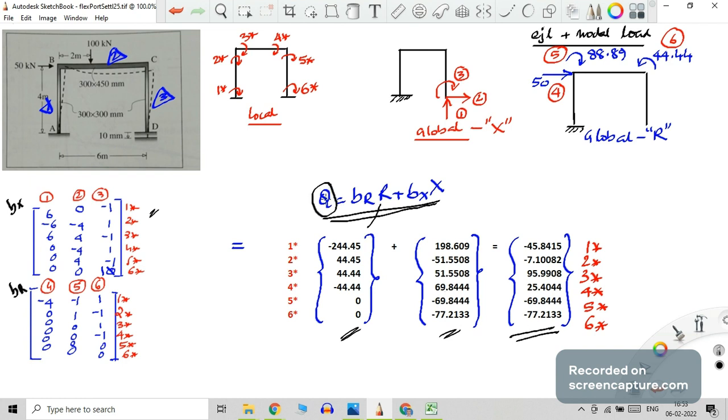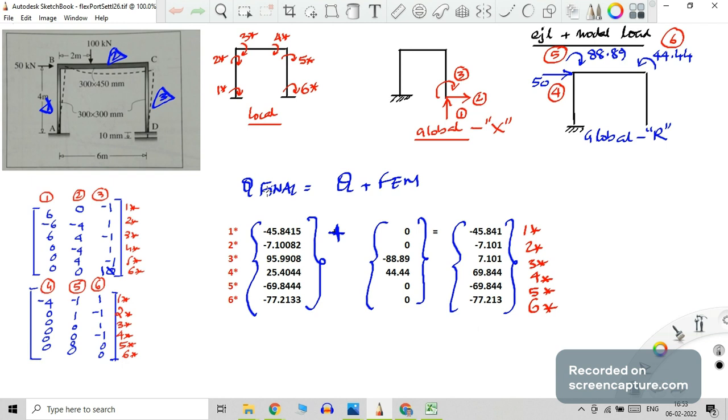But that is not the final one because you have used DJL. So that has to be taken out. So add a FEM to that. So Q final member moments, M1 star, M2 star, M3 star, etc. is Q plus FEM.